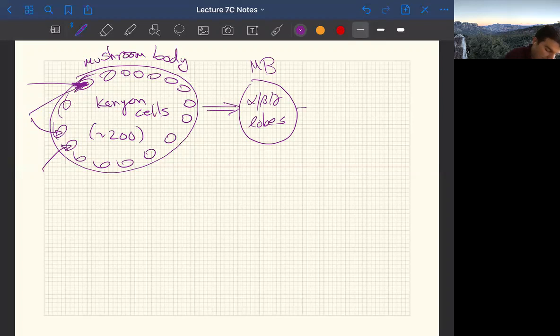Those map to the lateral horn, which we've talked about. The lateral horn also gets direct input from the antennal lobe. And then the lateral horn finally goes out to motor neurons.